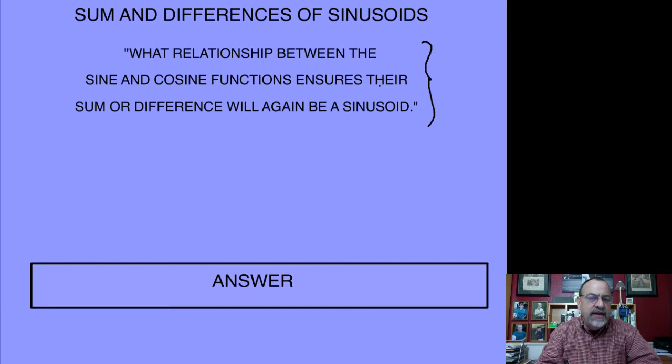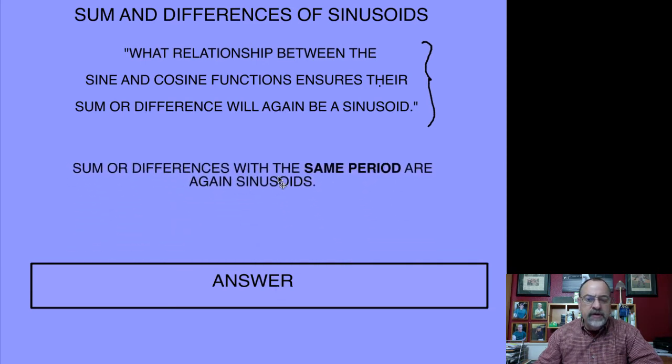If, however, I'm adding sinusoids together that do not have the same period, the resulting function is not necessarily a sinusoid. So only if we add two sinusoids together with the same period will that guarantee that we have a sinusoid as a result.